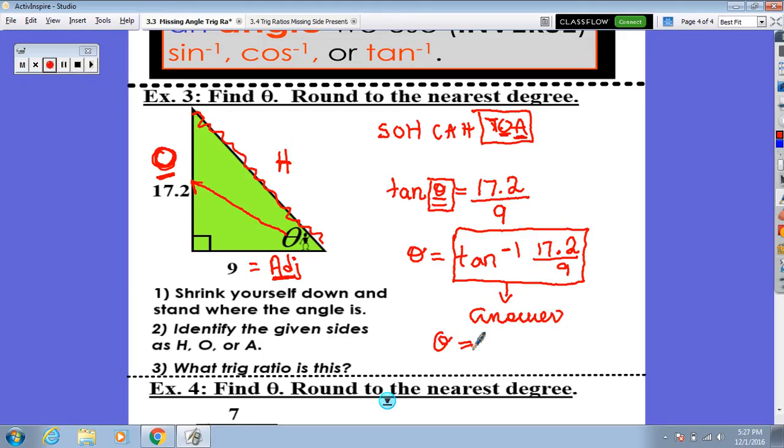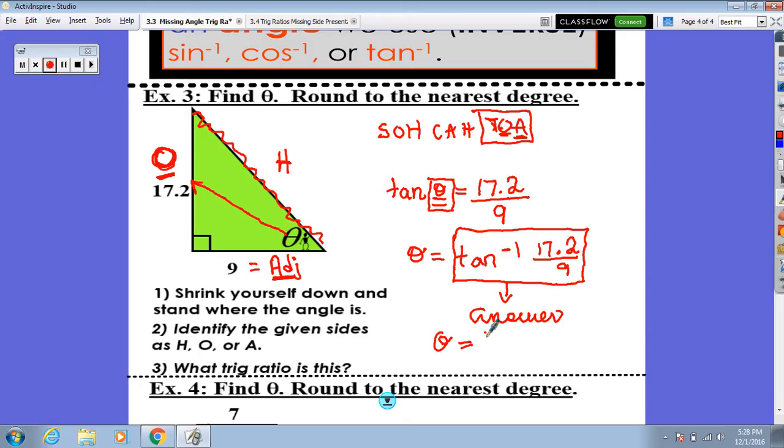Alright, so typing it in the calculator, remember, to get the inverse on your tangent, you have to hit the second button before you hit tangent. Alright, so second tangent, and then we type in our fraction, which is 17.2 divided by 9.